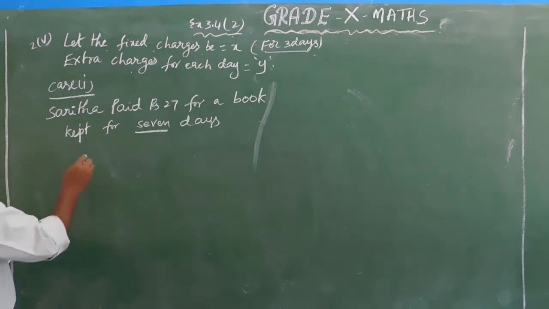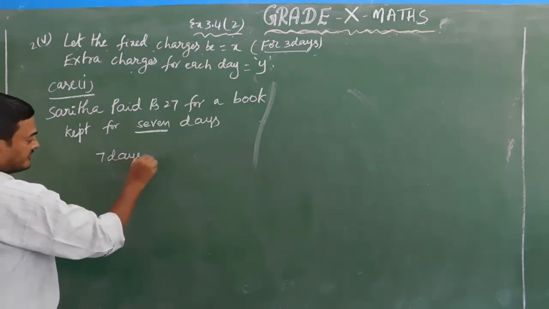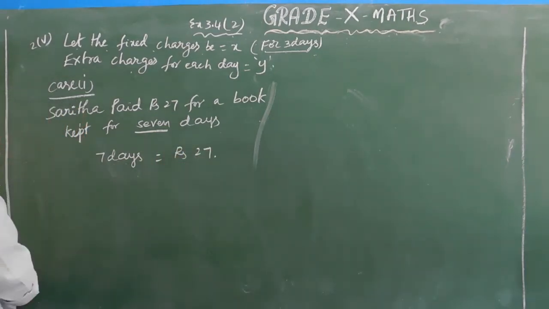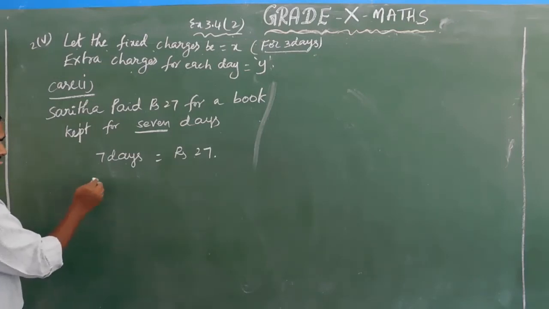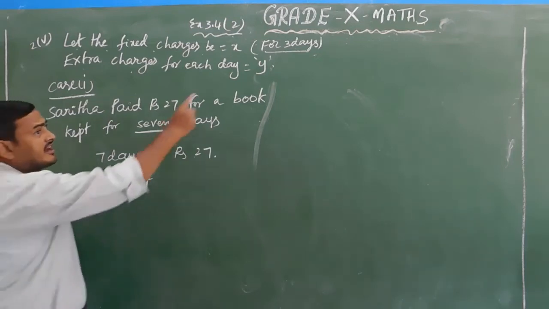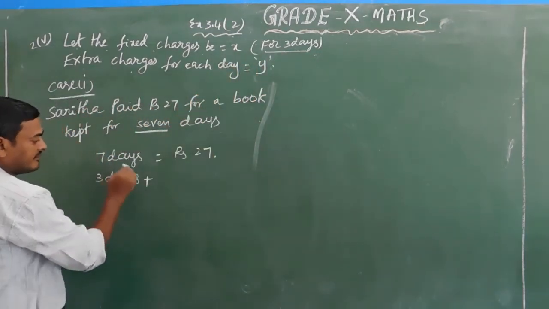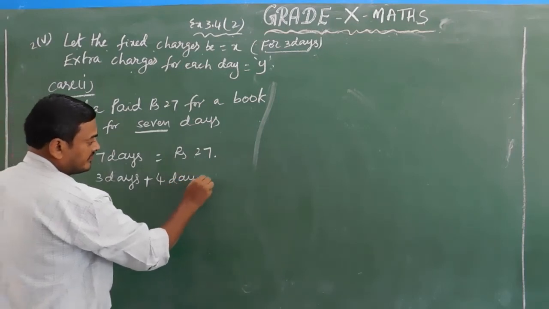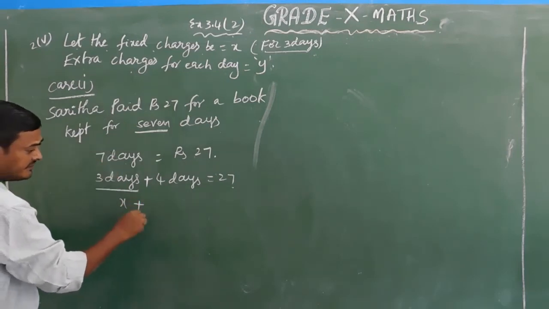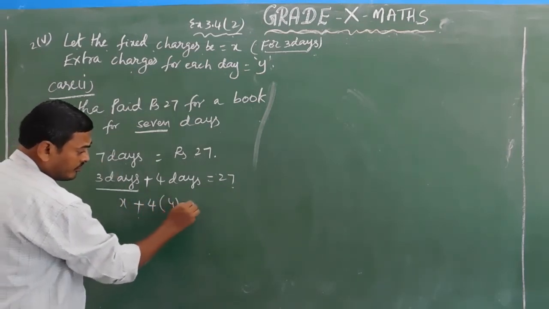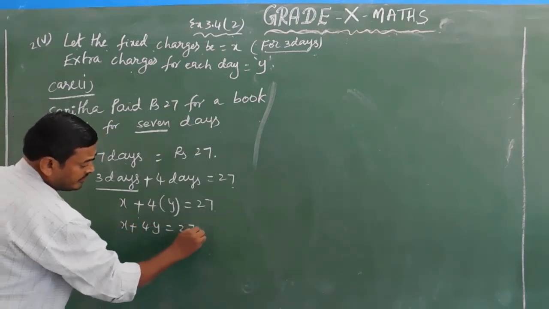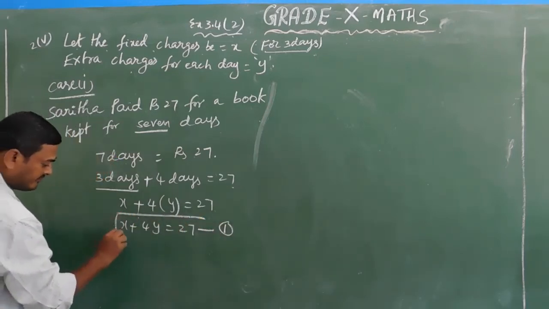That means totally how many days? 7 days. How much did she pay? Rupees 27. How can we split these 7 days? 3 days, because for the first 3 days it is fixed charges, plus 4 days equal to 27. So x plus 4y equal to 27. This is equation number 1.